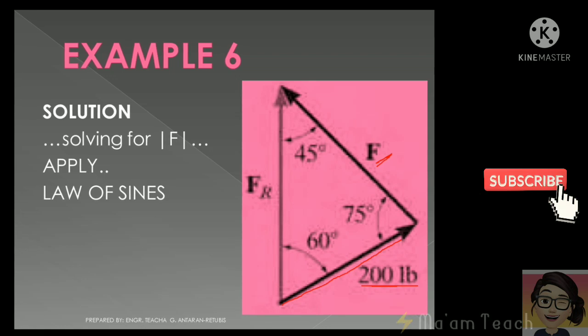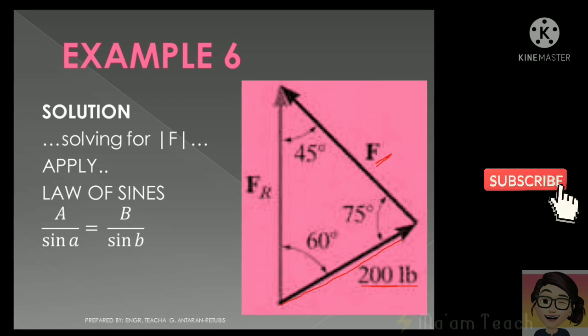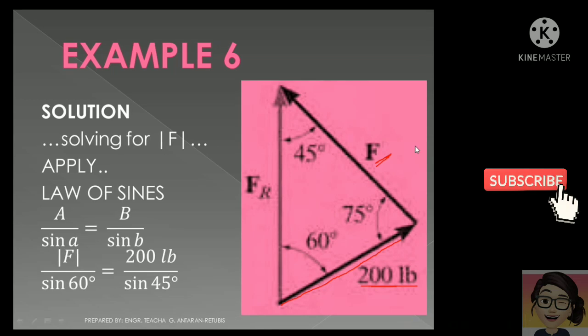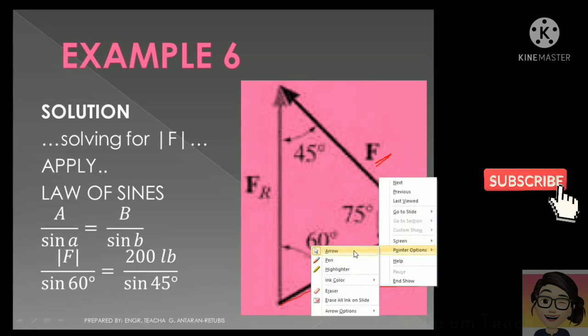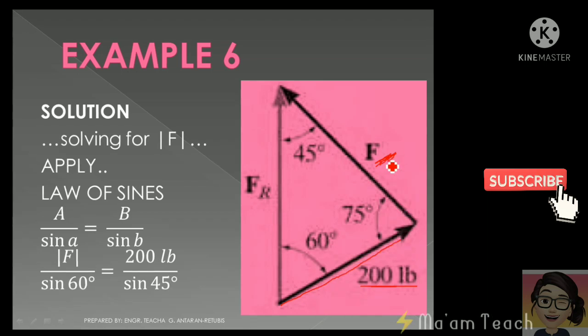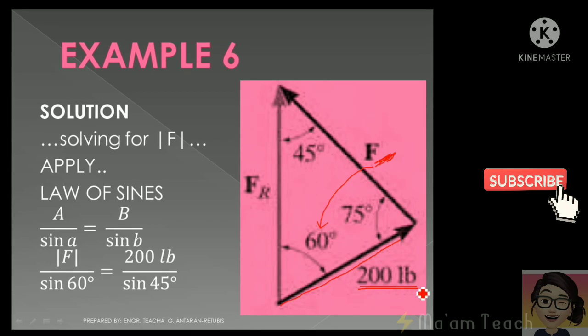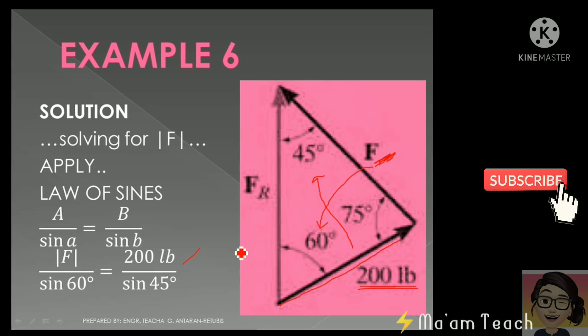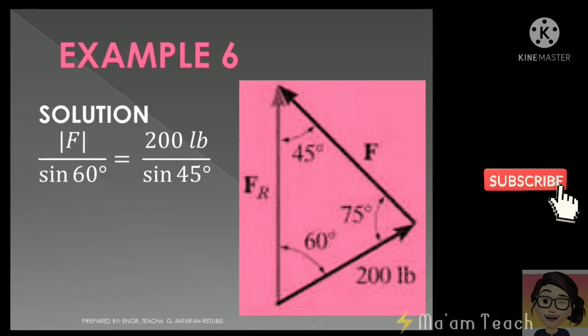Recalling the law of sines, this is the formula. We can have our side A as our unknown, which is F. Since this is our side F, the angle opposite to that is this 60 degrees. And since our given is 200 pound, the angle opposite to it is 45 degrees. So cross multiplying that, we'll have this.